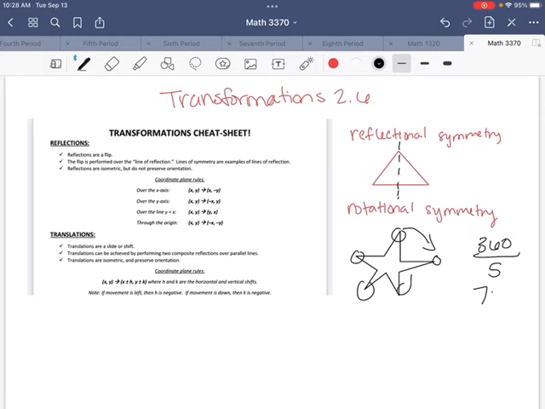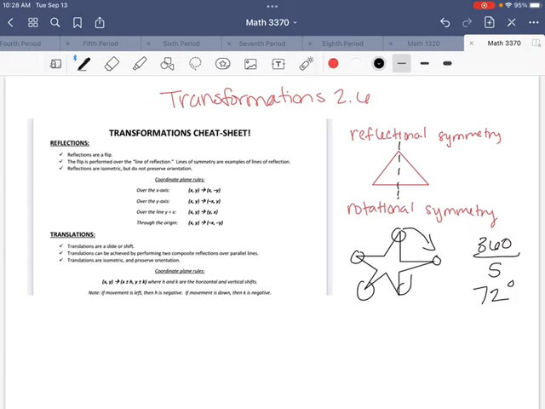Sorry, I should have divided this beforehand, and now I'm blanking. 72. So the star would have rotational symmetry, and the angle of rotation would be 72 degrees. So you could rotate it 72 degrees or any multiple of 72, and your figure would still look the same.